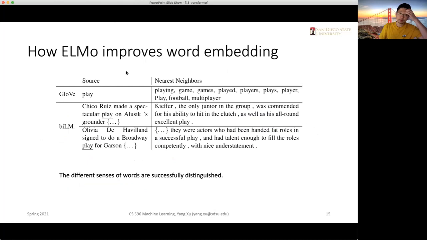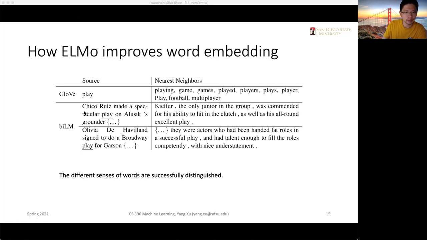Here is an interesting example showing how the bidirectional language model using LSTM can actually differentiate the word senses based on the context.